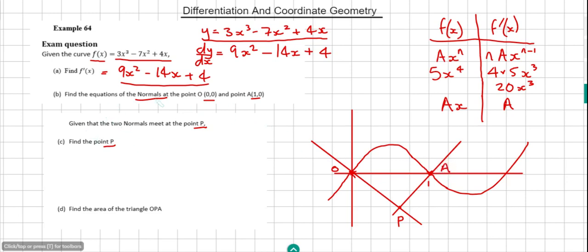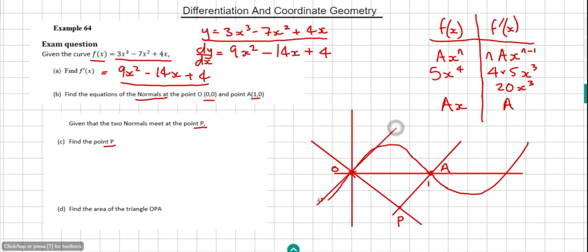The first thing we're going to do is take our differential, f dash x, and find the gradient of the tangent at both points O and A. The tangent would look like this.